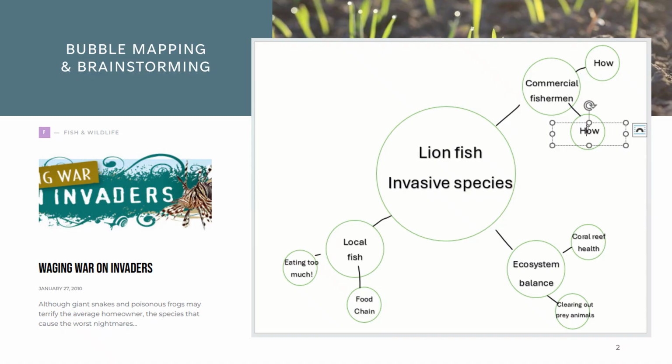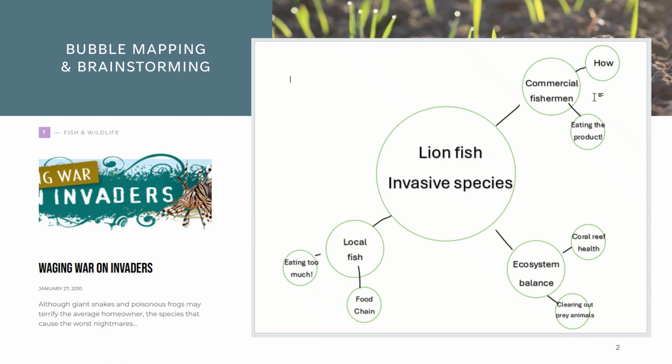So if lionfish are eating too much of fish like tuna, for example, or parrotfish, those are things that we eat, or staples in the fishing industry in terms of product to send out to consumers. So if lionfish are eating these things, then the commercial fishermen no longer have product. So, that's our point.